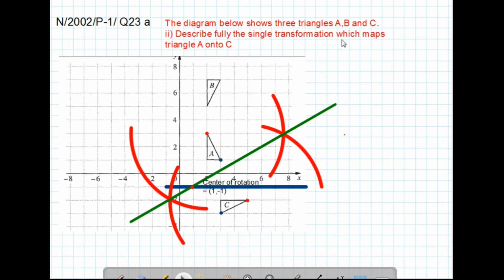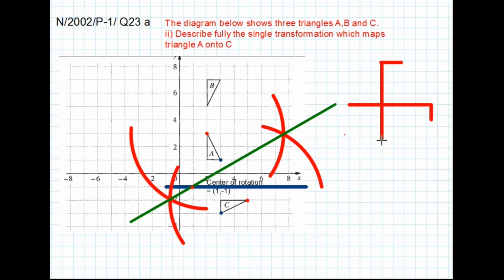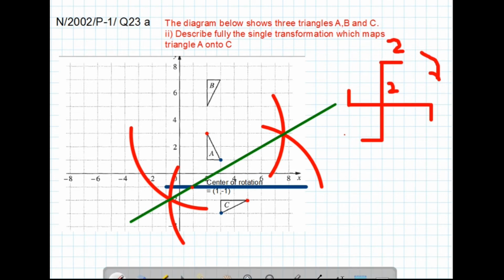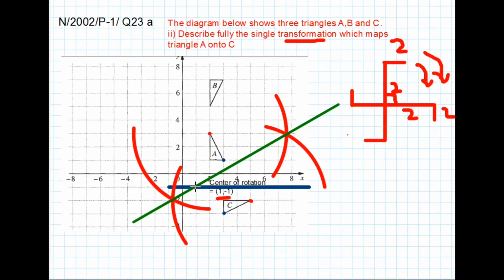To find the angle of rotation, we use the plus sign. The distance of the blue vertex of triangle A from the center (1, -1) is 2 blocks up and 2 blocks right. After rotation 90 degrees clockwise, we get its corresponding blue vertex of triangle C, 2 blocks right and 2 blocks down, as shown in the plus sign as well as in the figure. Now the second set of corresponding vertices are marked with red circles.